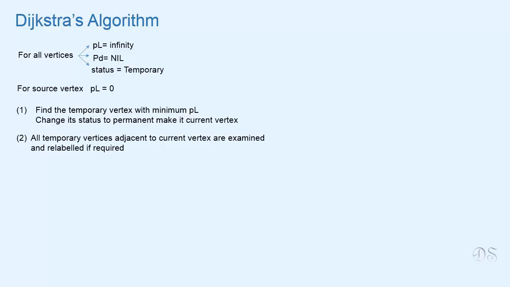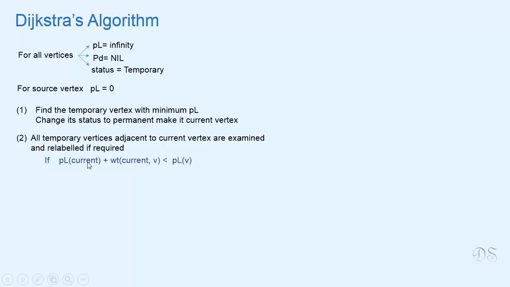In the second step, we'll examine all temporary vertices adjacent to the current vertex and we'll relabel them if required. Now let's see what's the condition when we need to relabel any temporary vertex adjacent to the current vertex. Suppose V is a temporary vertex adjacent to the current vertex that we are examining.